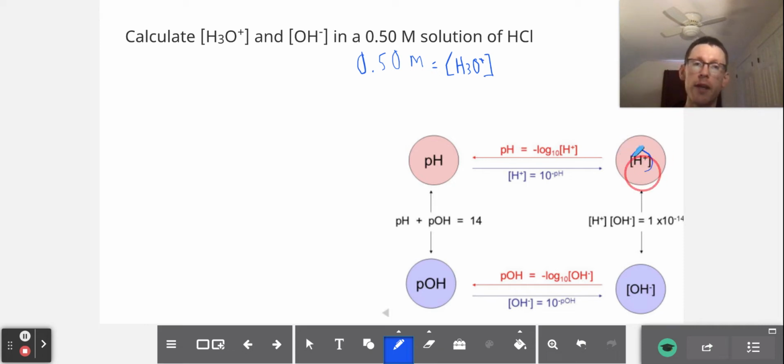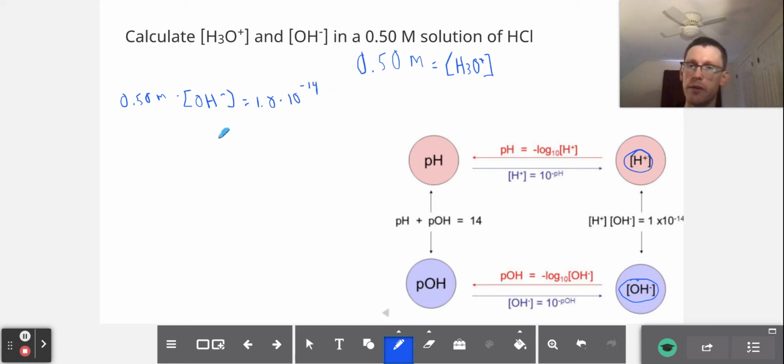Now, we're right here. If we want to get to here, our concentration of hydroxide, we just need to use the Kw equation. So we know that 0.50 molar times the concentration of hydroxide is equal to 1.0 times 10 to the negative 14th, our water constant.